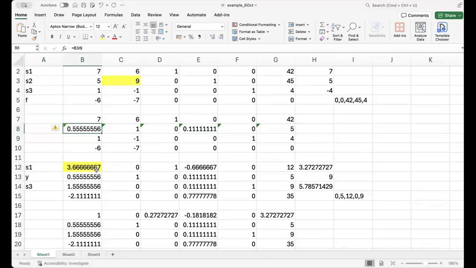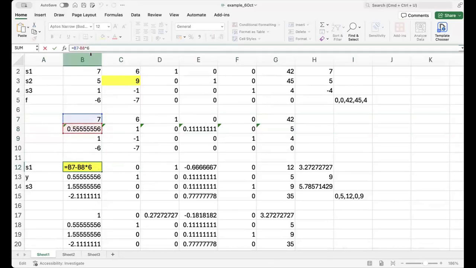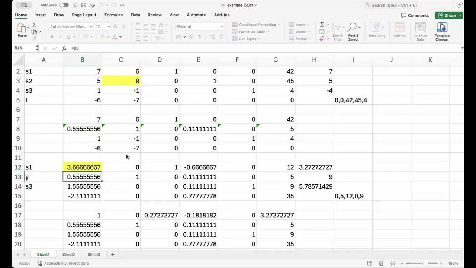So you see here, we multiply this row by 6, right? And then we subtract row number 7. Okay, good. So you will get 0 here.